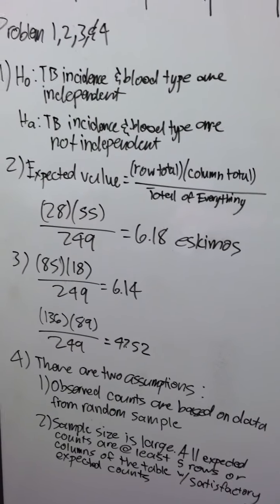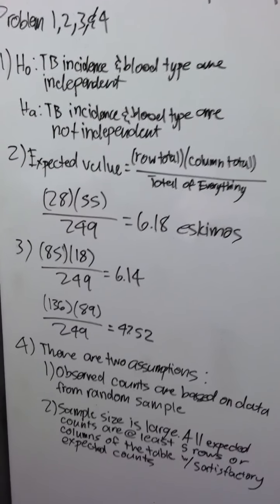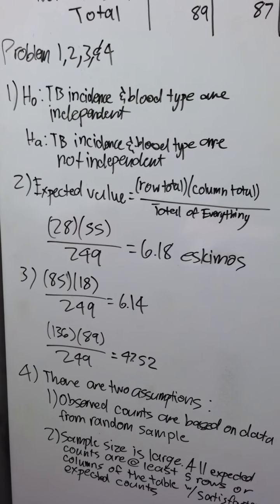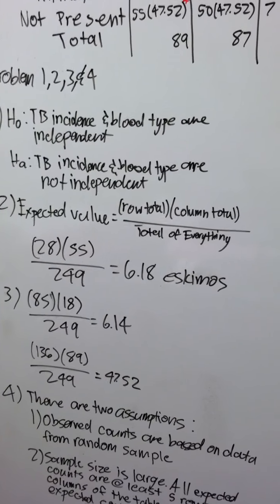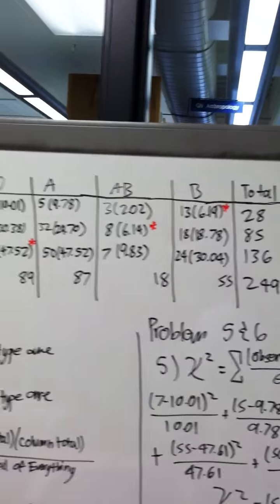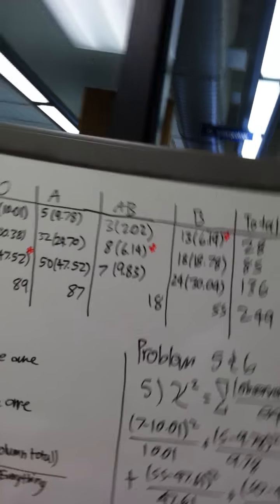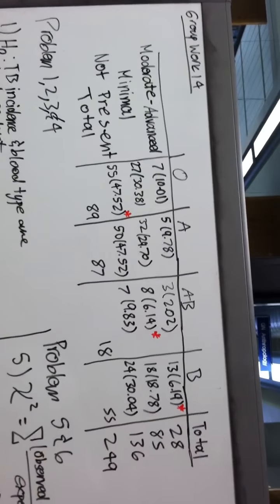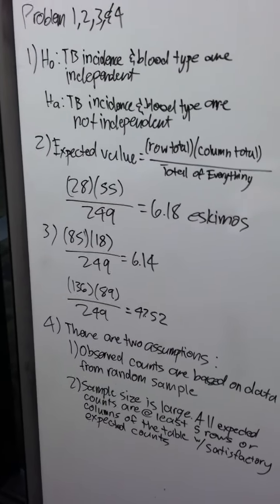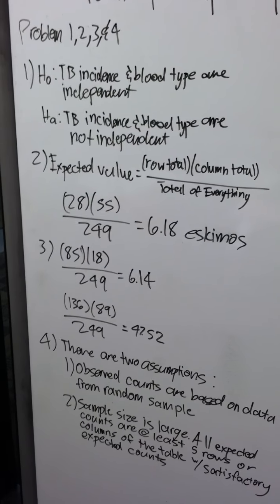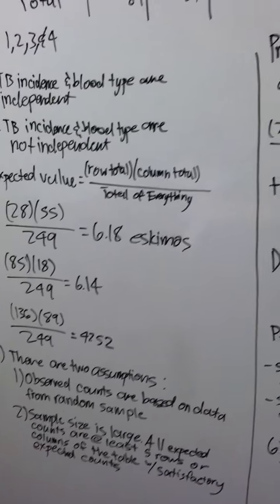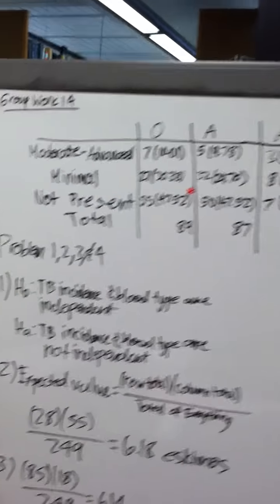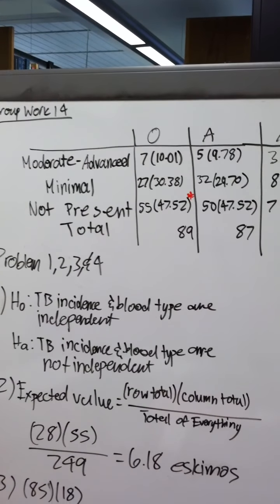So 85 times 18, divided by 249 equals 6.14, and that was to find the expected value for minimal and AB type blood. And 136 times 89, divided by 249 is equal to 42.52. And that is for not O-type blood and not present.